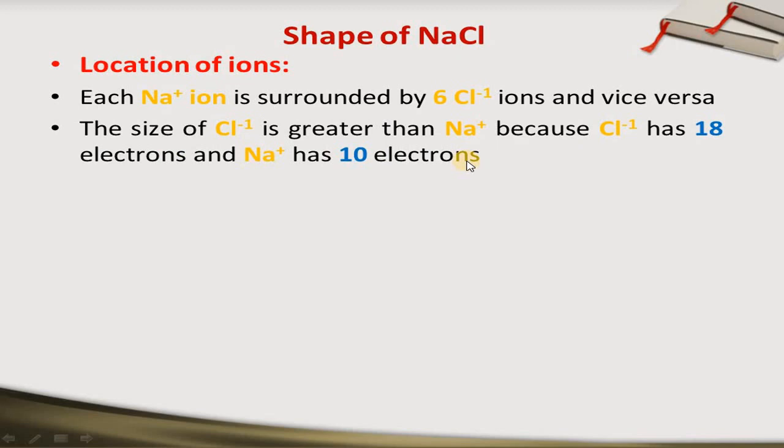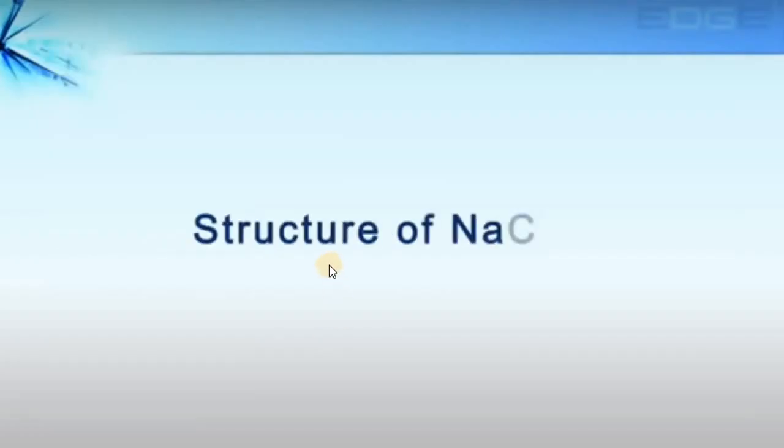Now I will show you a video in which you will be able to understand how, in the cubic structure of sodium chloride, each sodium ion is surrounded by 6 chloride ions, and each chloride ion is surrounded by 6 sodium ions. Structure of sodium chloride.